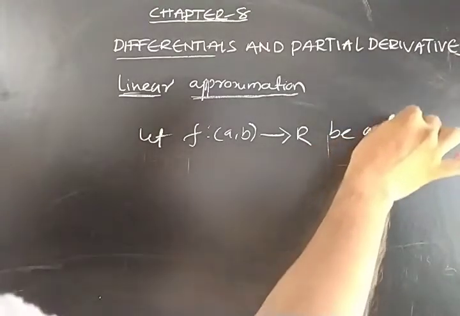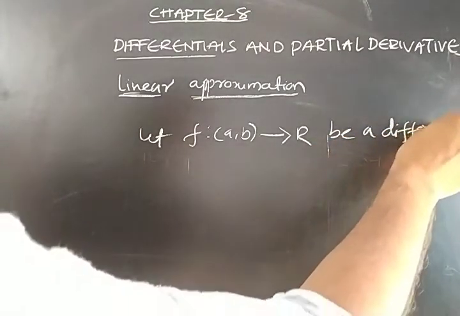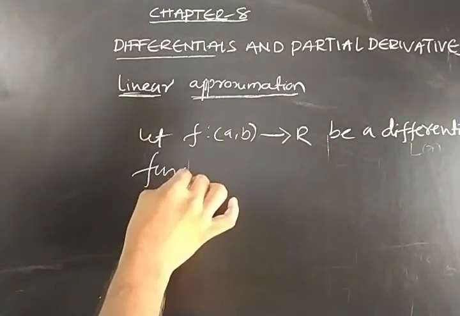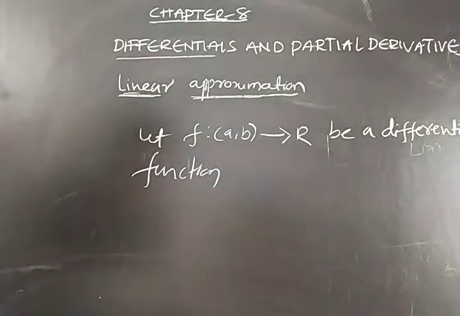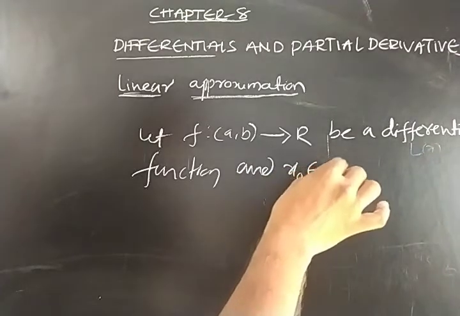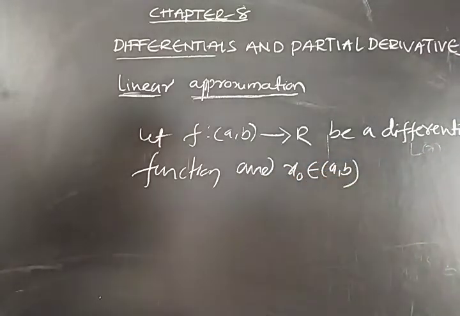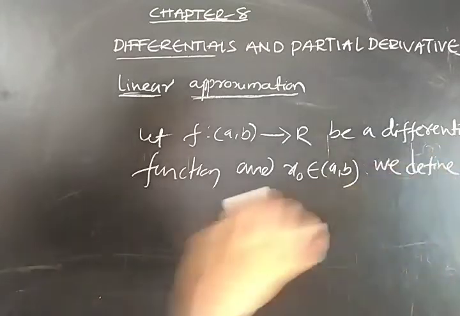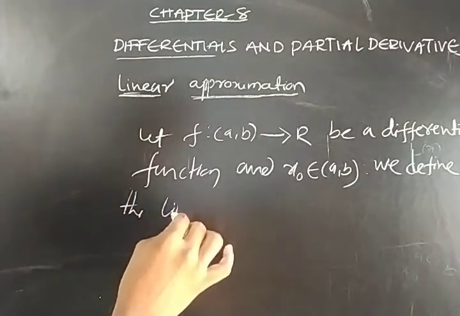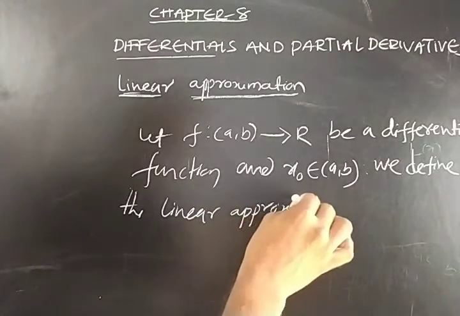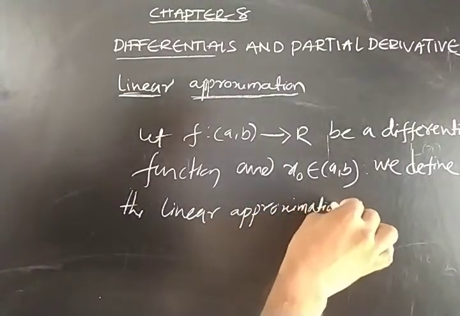And I take one point x naught in the open interval a comma b. We define the linear approximation.